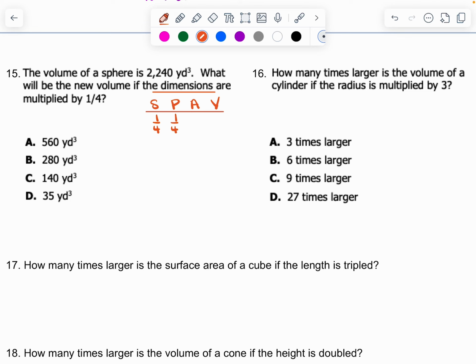All right, so all the dimensions are being multiplied by a fourth. So that is our scale factor, which means the perimeter, which doesn't make much sense, is 1/4. The area ratio is 1/16, and the volume ratio, sorry, is 1/64. So we want to know what would be the new volume, so I need the volume formula.